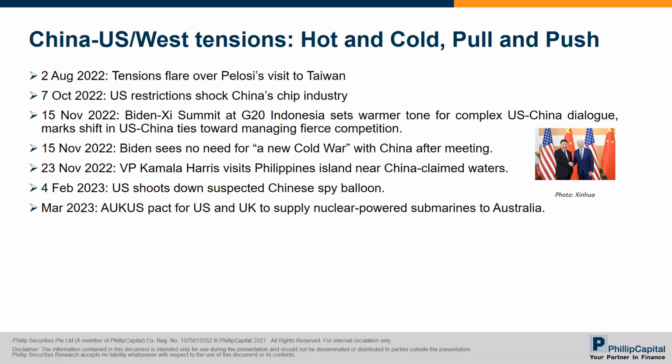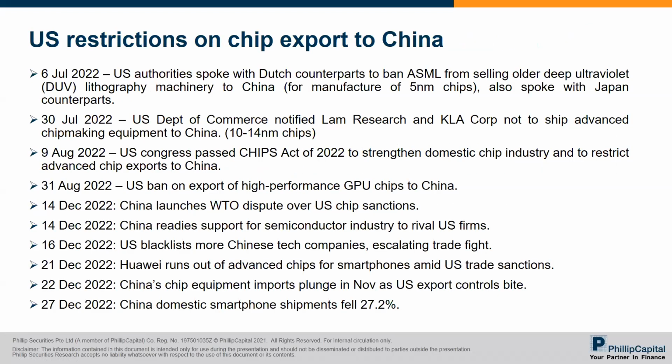Of course, in February this year, there was the episode with the spy balloons, and then recently the US announced a deal between the US, UK, and Australia to supply nuclear-powered submarines to Australia. So all these are adding to tensions, adding to caps on the Chinese market recovery.